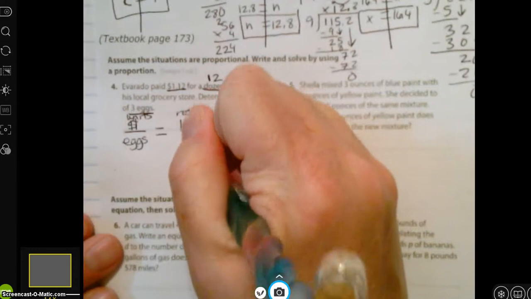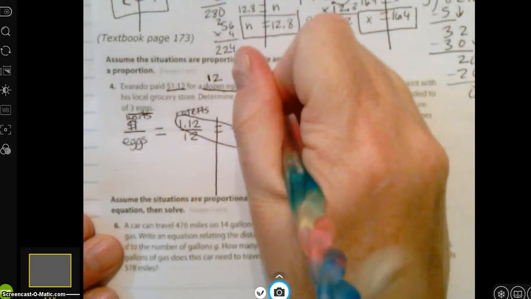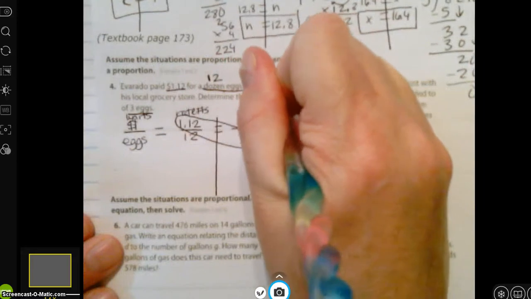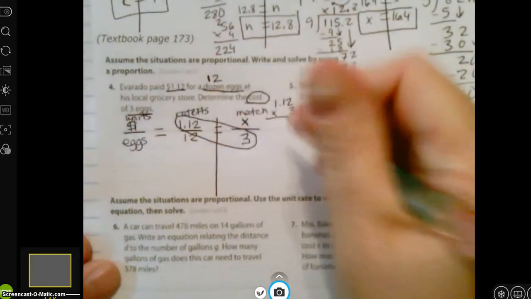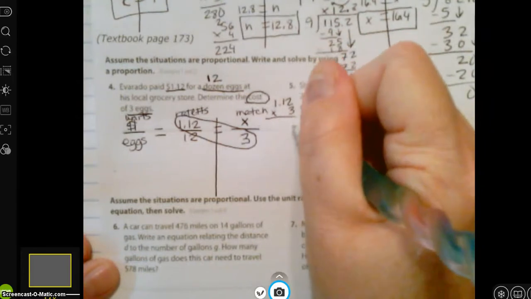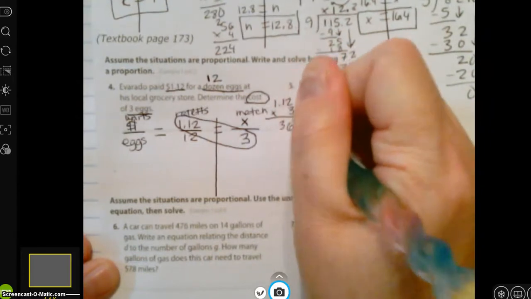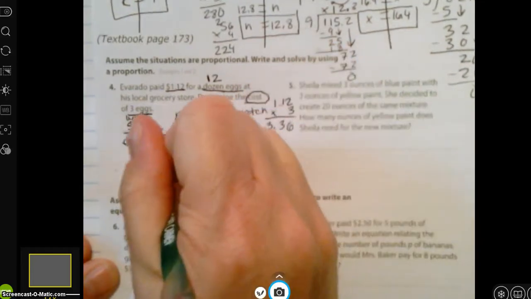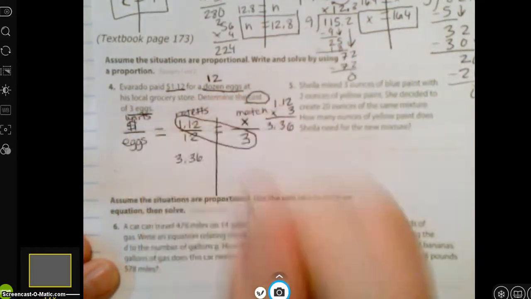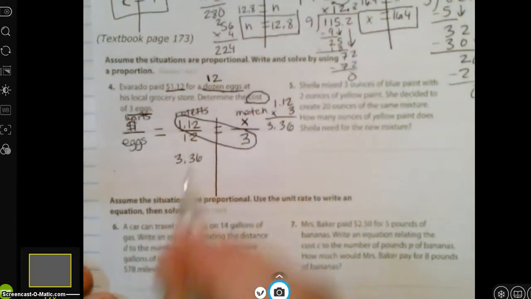So yesterday we learned to solve this, so what we're going to do, $1.12, these are easy numbers, so I'm not going to write them out. 3 times 2, 3 times 1, 3 times 1, and I get 336. So I'm going to do this part first, and I always put that over here on the left.